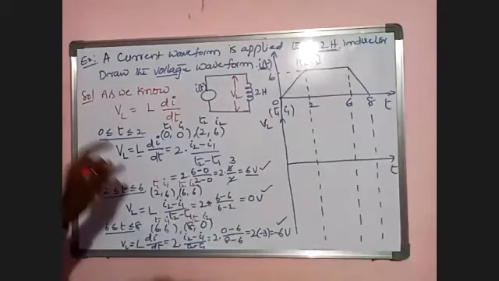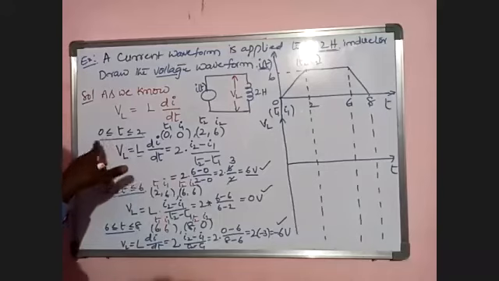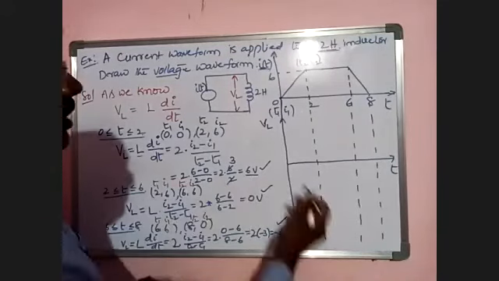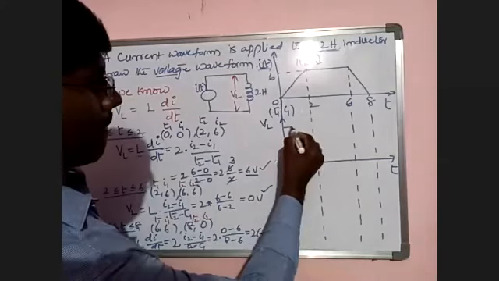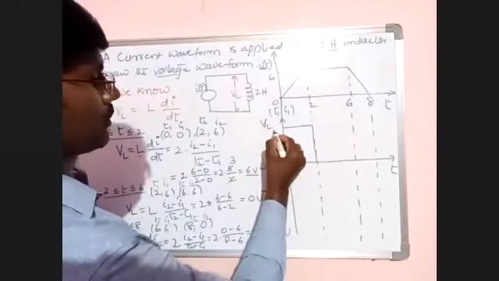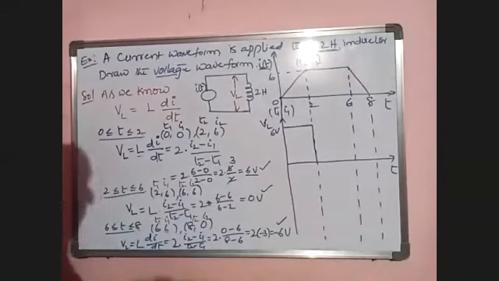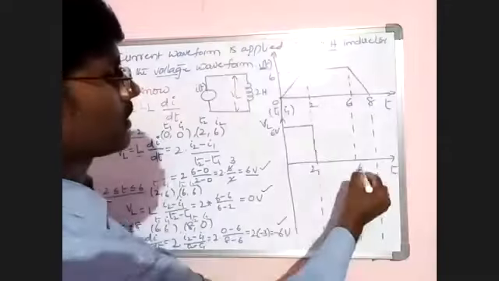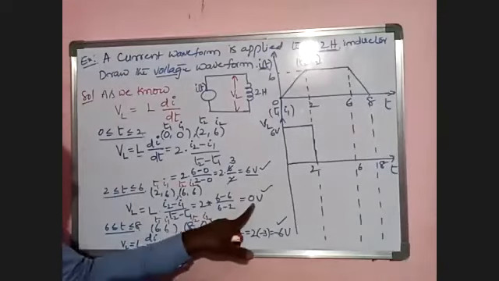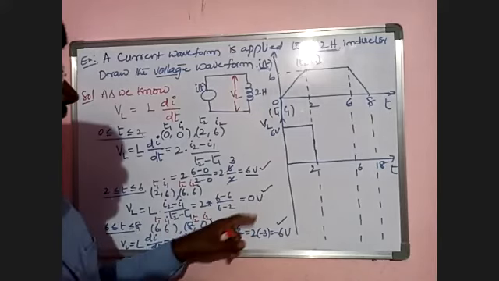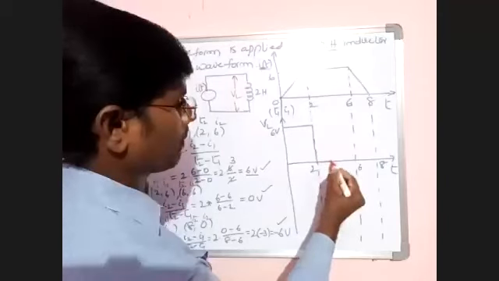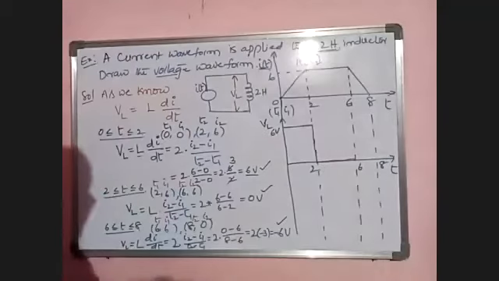From 0 to 2, it has positive 6 volts. From 2 to 6, it has 0 volts.